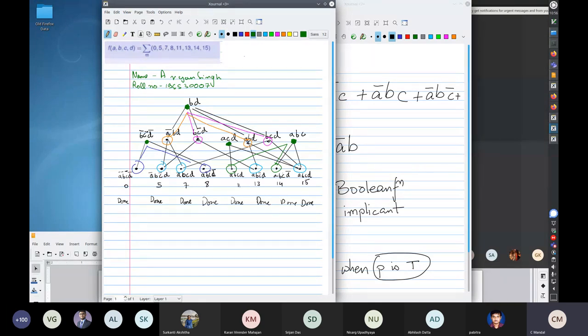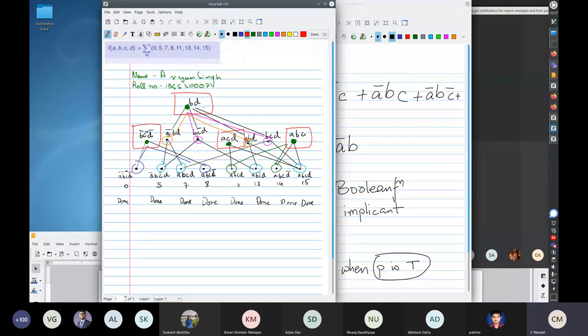And what he has already marked out, if you consider these terms, these are also implicants, isn't it? Because whenever these terms are true, say B bar C bar D, or BD, or ACD, or ABC, whenever any one of these terms is true, the function is true. So these are also implicants.